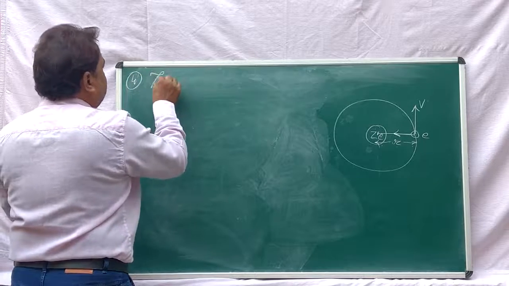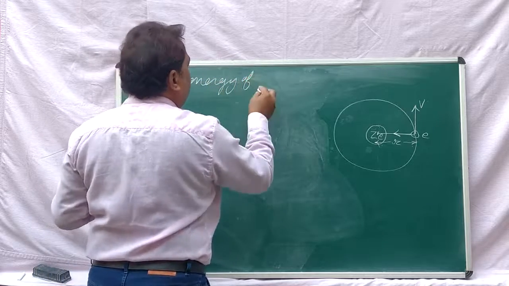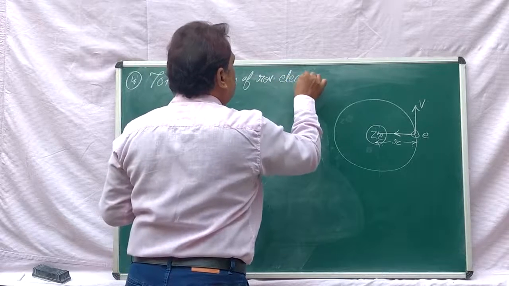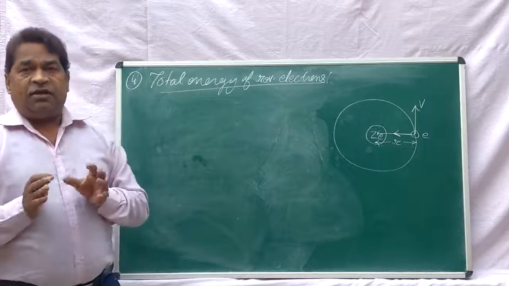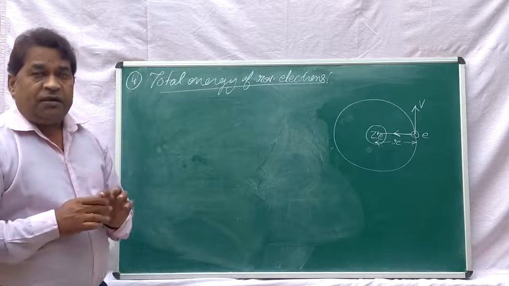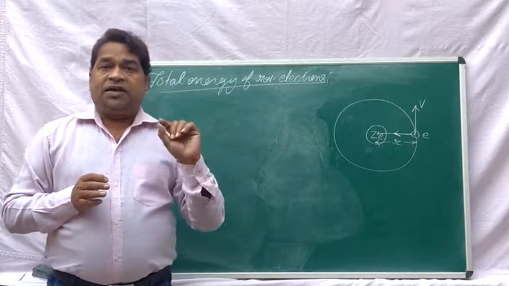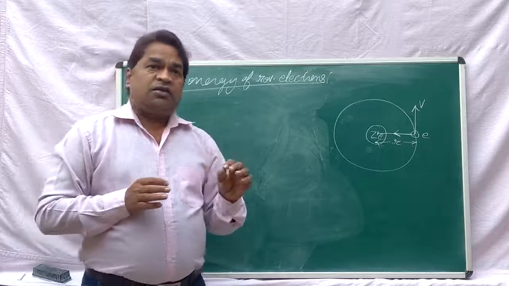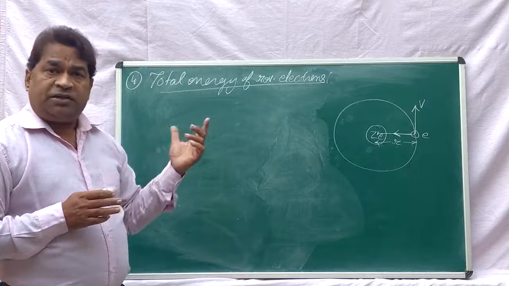My friends, first of all I want to tell you that when an electron revolves in the Bohr orbit, it possesses both kinetic energy as well as potential energy. Let us see how we will find the formula for both the energies.